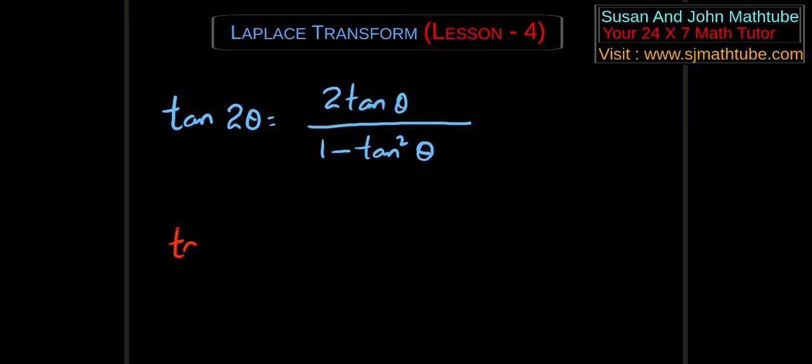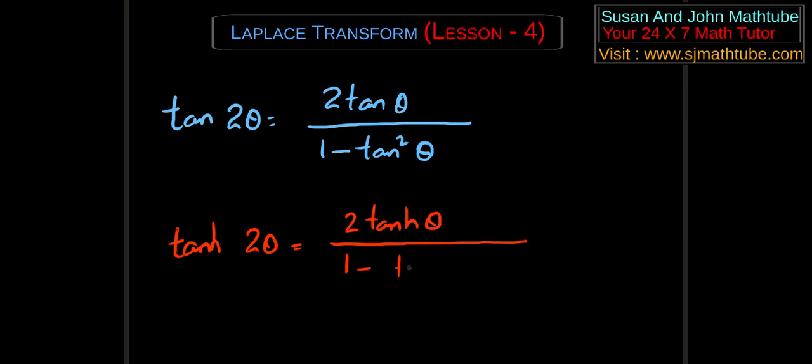So what I do is I write tan 2 theta is equal to 2 tan theta, the whole divided by 1 minus tan square theta. By the way, I am not supposed to write this minus. You can write the division, but you should not write minus. Okay, now step number 1 is done.